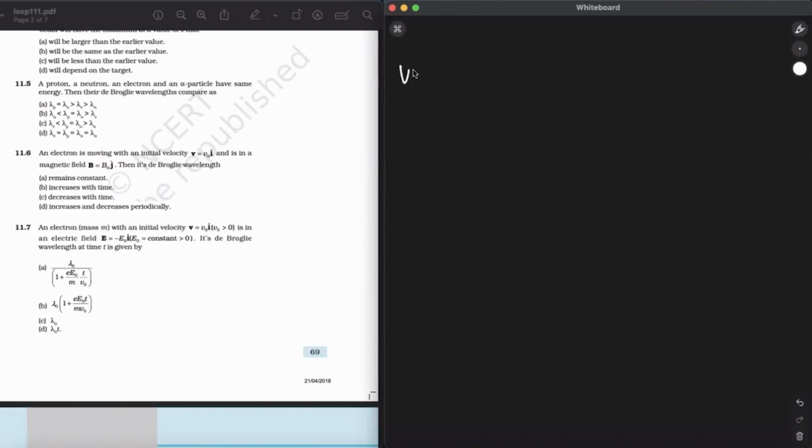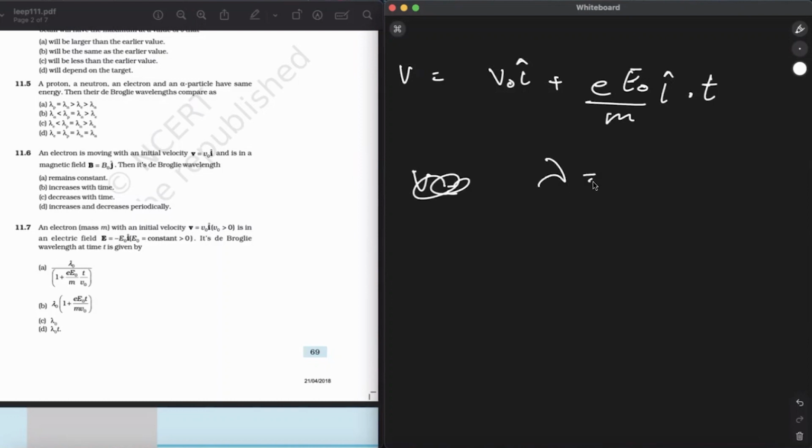So writing down the velocity: v naught i cap plus eE naught upon m i cap times t.